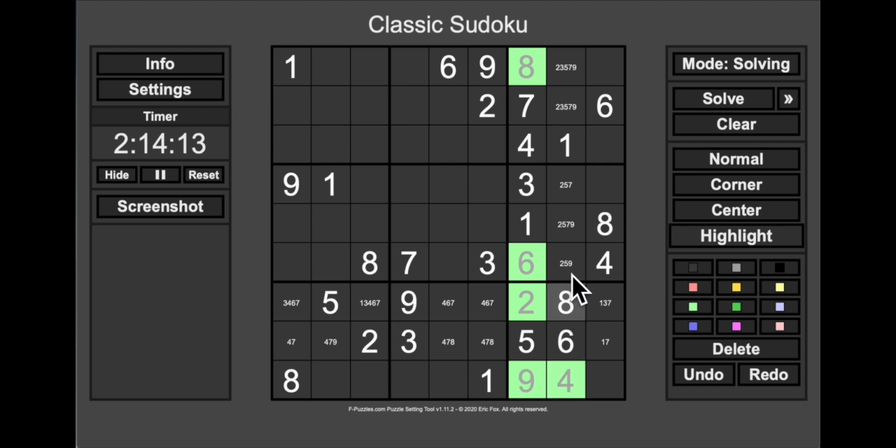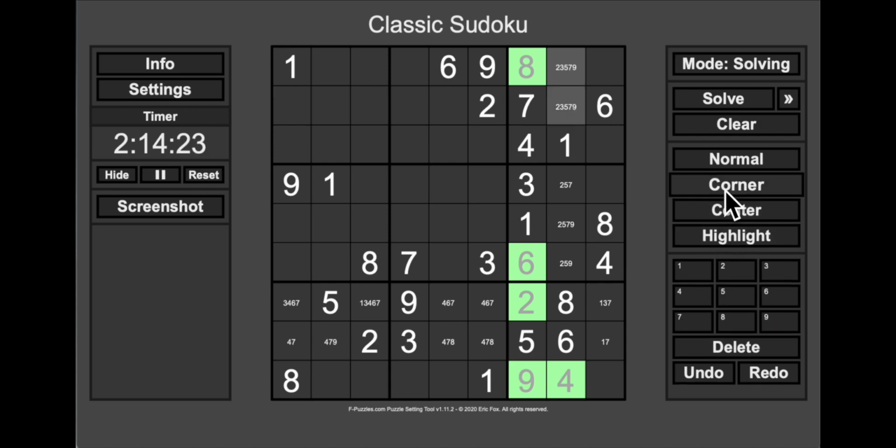None of these are 3. None of these can be 3. Okay. A 3 is definitely in one of these two cells. That means neither of these can be a 3. Well, that does have implications for a 3 down here, doesn't it?